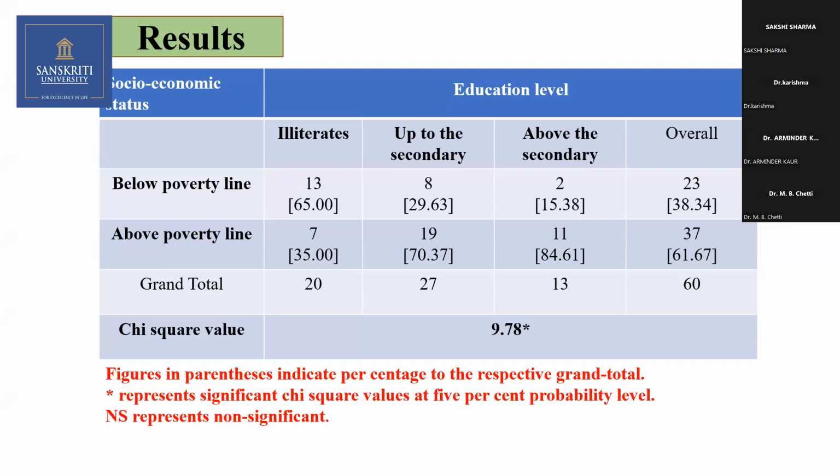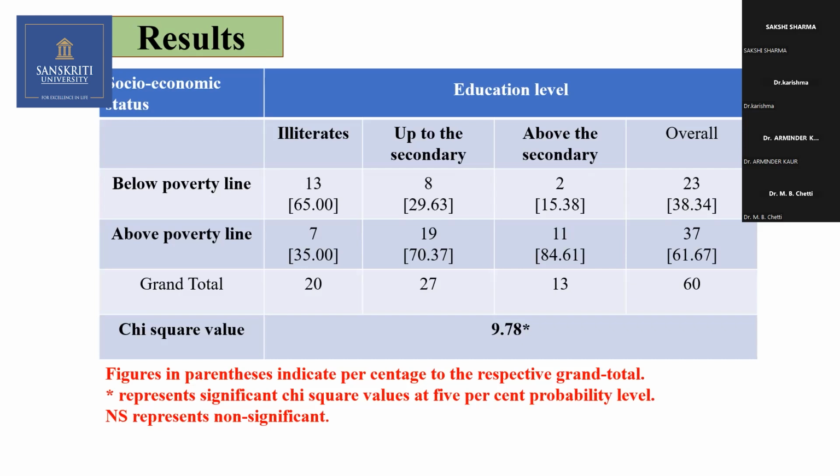Okay, please. So actually, this table is very important. Once you understand this, okay. Now, you can see from this table that above poverty line, they are either up to the secondary level or above the secondary level. They are educated.